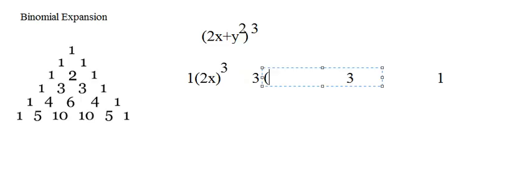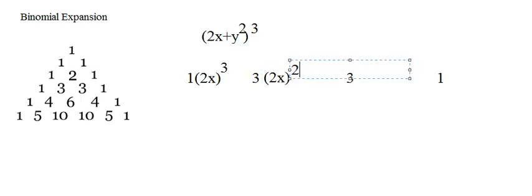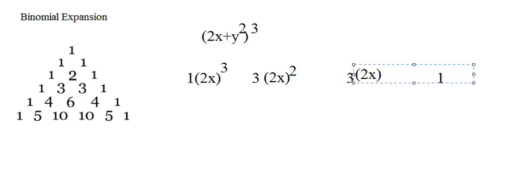Again, I do 2x, but this time I'm going to go down 1. So it's going to be 2x to the power of 2. Then I go to the next one, same thing, 2x to the power of, in this case, just 1. And the last one's just nothing, 2x to the 0.